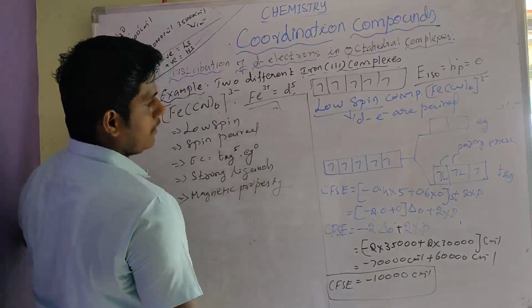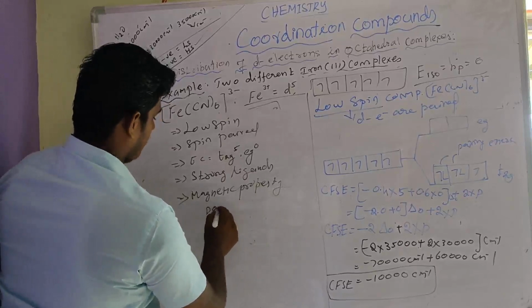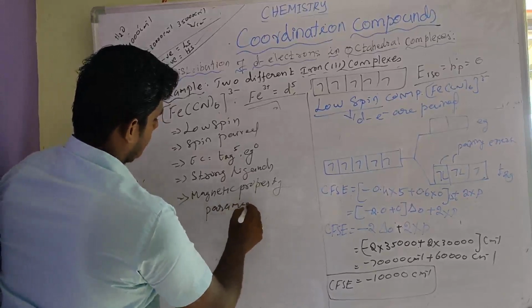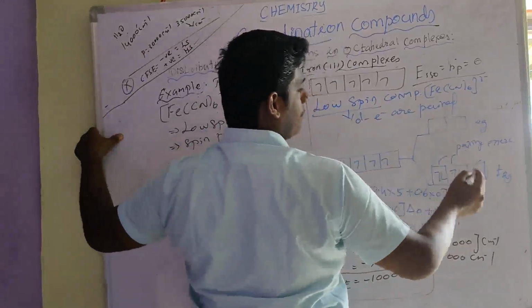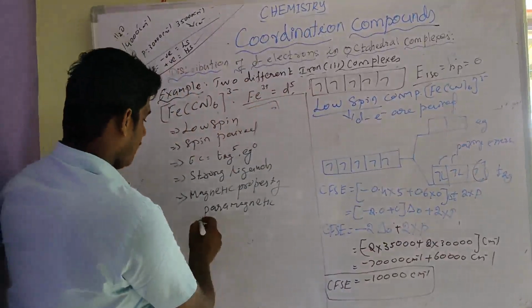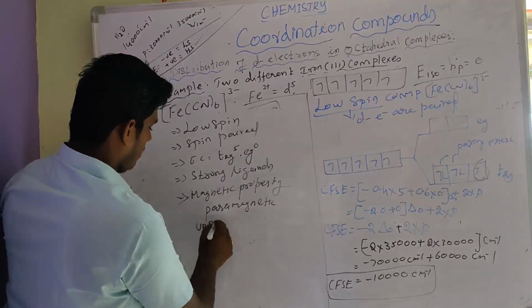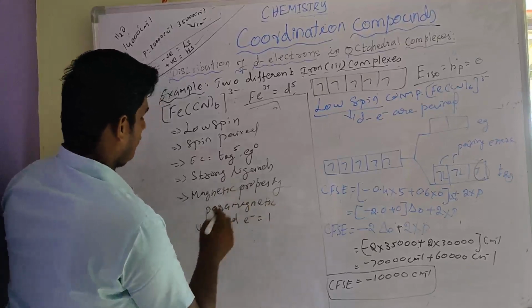Also the magnetic property. Is it diamagnetic? It is paramagnetic, because of the presence of one unpaired electron. So it is paramagnetic in nature, and the number of unpaired electrons equals 1.